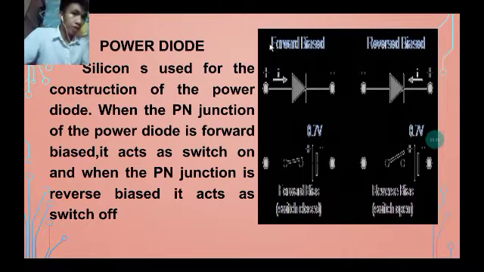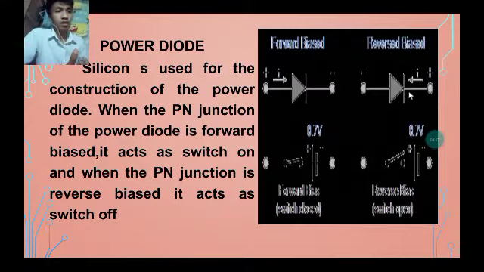As you can see in the picture, this is the forward bias. If the flow of current is forward, it means the switch is closed, and if the current is reverse bias, the diode means the switch is open.